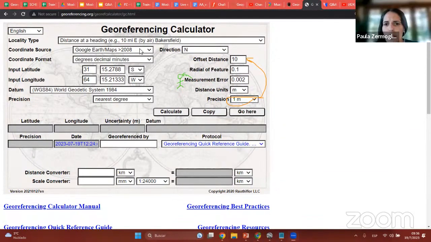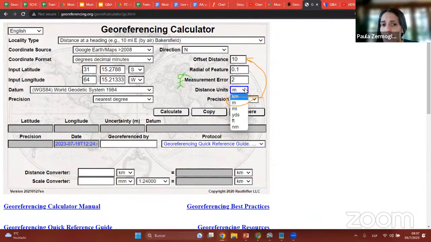One small comment is to be very careful to convert your measurement error to the units that you're selecting here. For example, a moment ago we were in kilometers, and so in kilometers our error was 2 meters. If I move to meters here, my error is not this, this is 2 millimeters, so I would have to change it to 2 meters. So the units have to be consistent. Distance units applies to all of these things here.